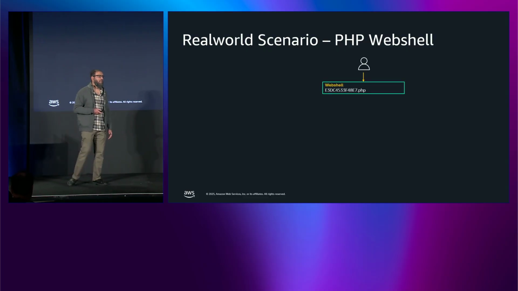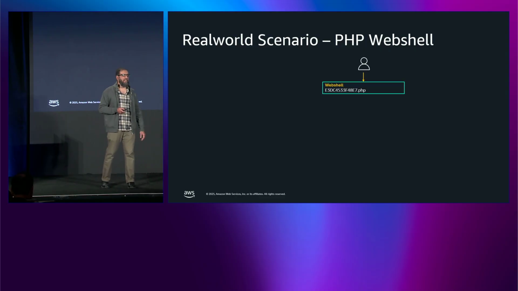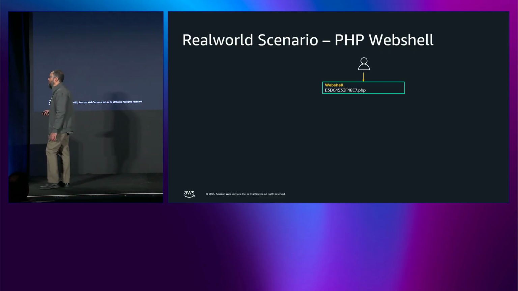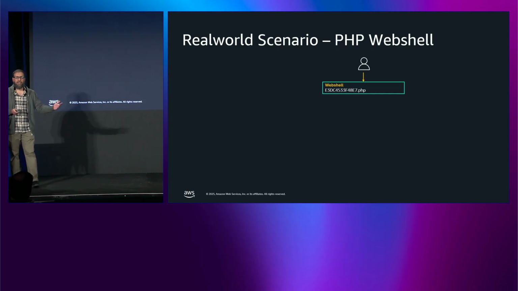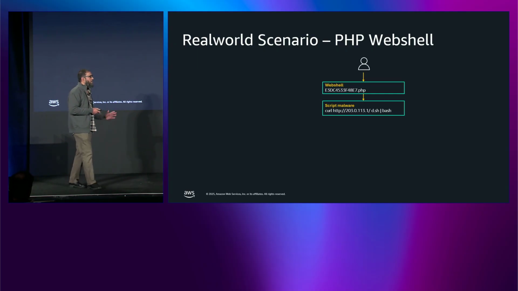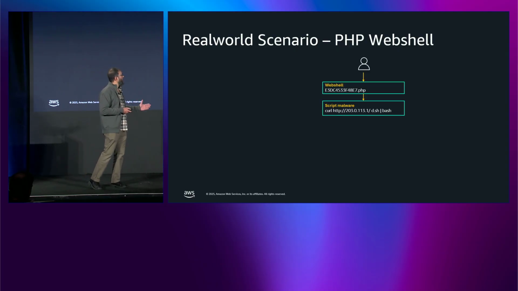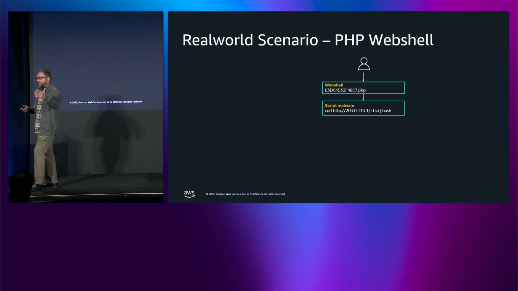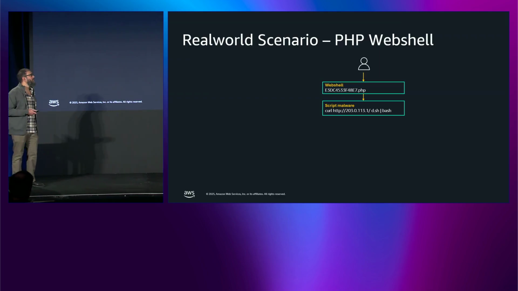The attacker compromises a vulnerability in the web application to deploy a web shell. Once they have deployed the web shell, they can execute any command on the underlying operating system. Typically, what we have seen as the first step is that they download a shell script, which is a script malware, and execute it.